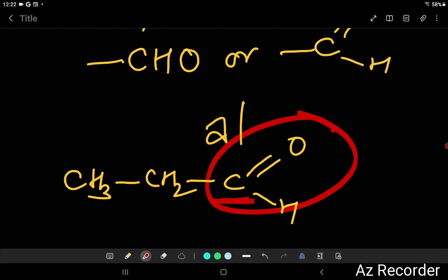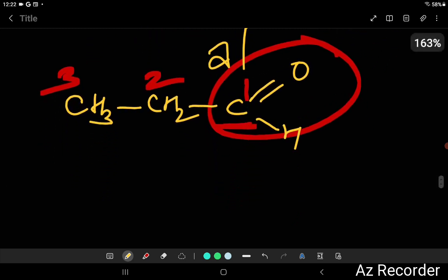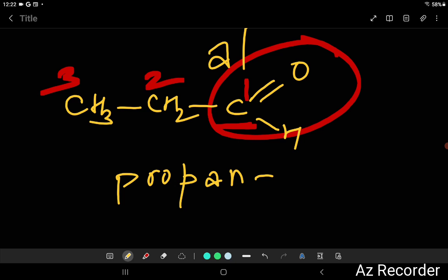That means you should give number 1 here, then 2, then 3. That means there are 3 carbons, including the functional group's carbon. So 3 carbons means propane, because of single bonds present between the carbons. And for the aldehyde group, CHO group, we should write "al" at carbon number 1, so propanal.